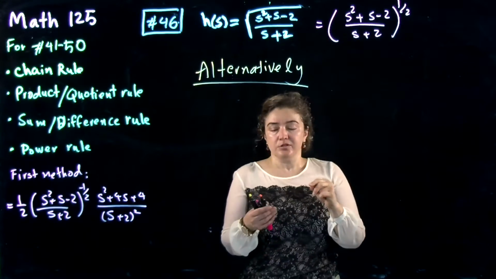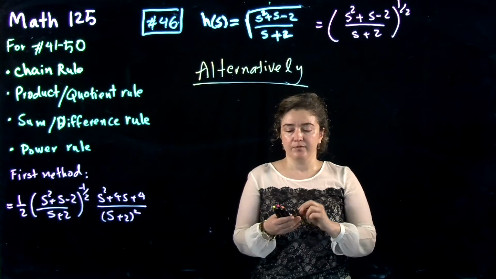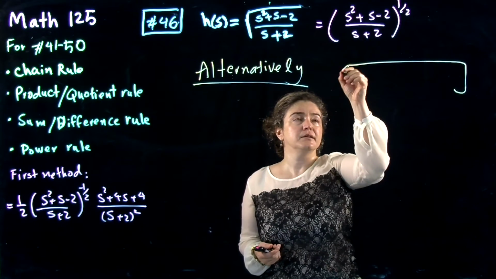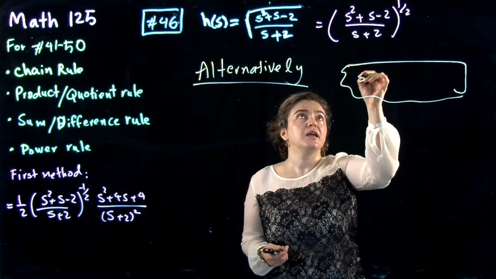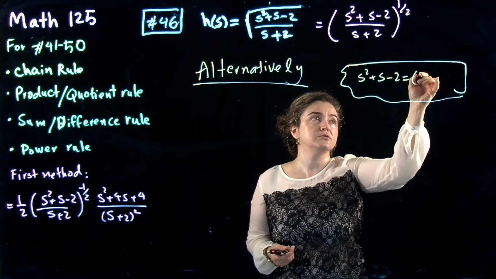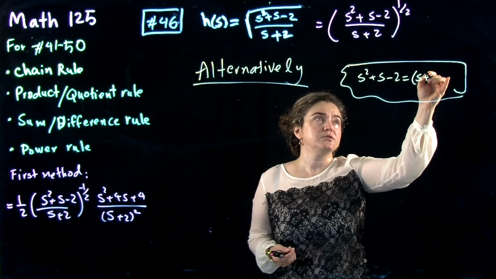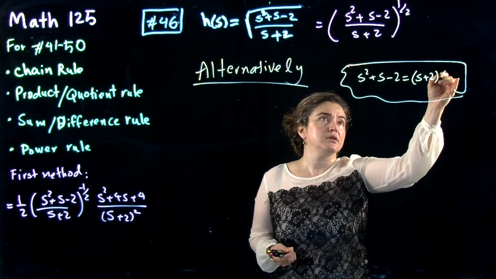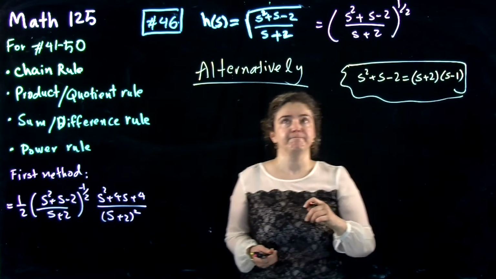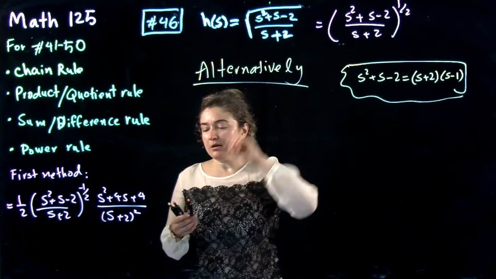So let's try to take the derivative of the simplified form. Again, on the side, s squared plus s minus 2 is equal to s plus 2 times s minus 1. So in here I replace.